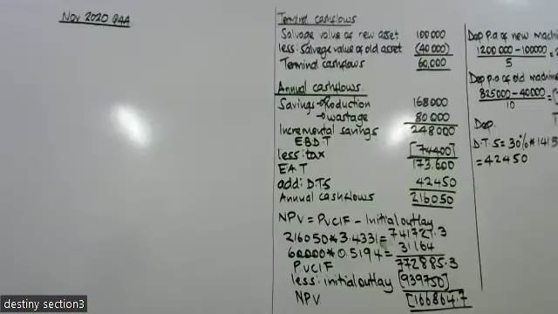The estimated profit before depreciation and taxes over the next 5 years for both machines are given as follows: Year 1, existing machine in Kenya shillings thousands, and then new machine.